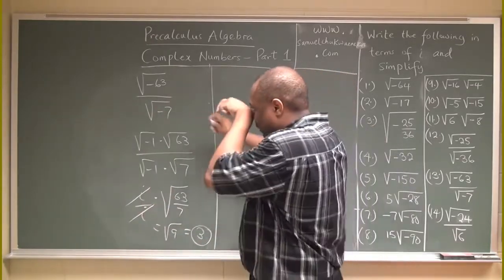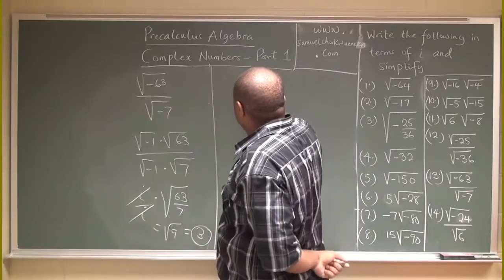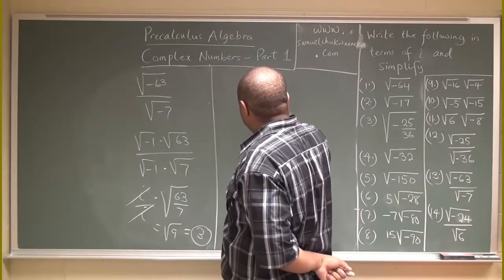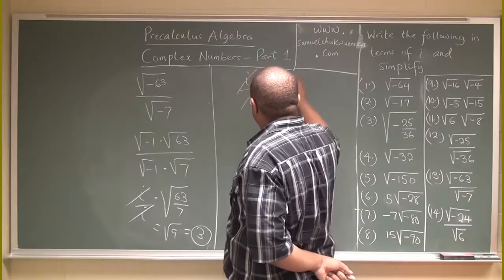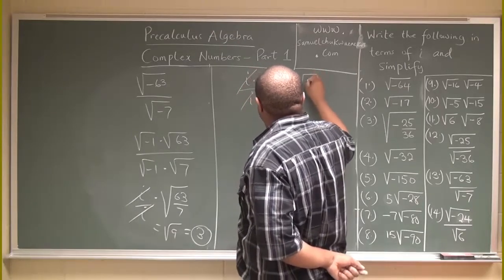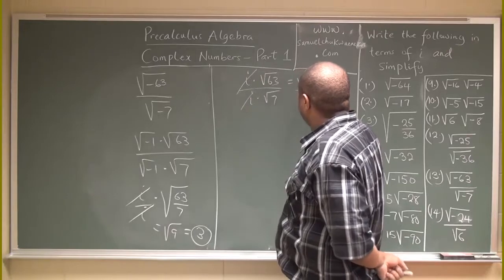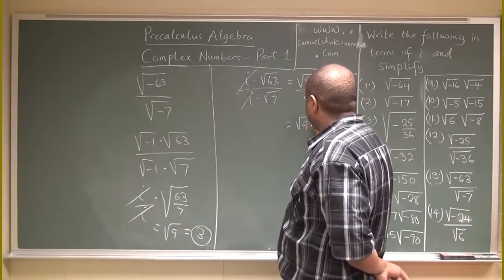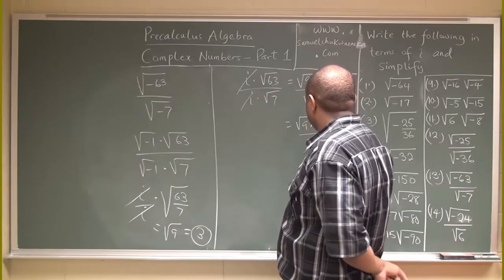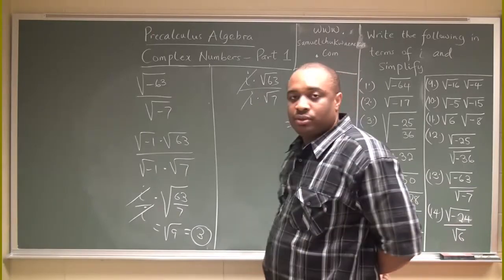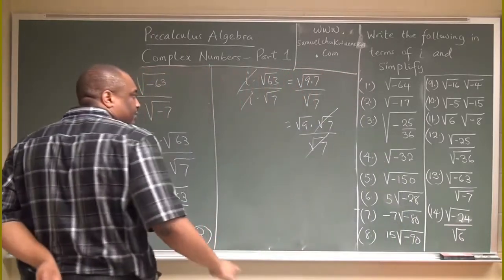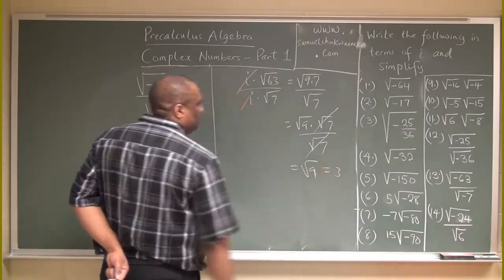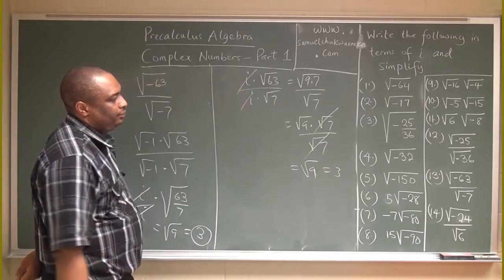You can do this from here, where you have I times square root of 63 over I times square root of 7. You can divide I, then you have square root of 9 times 7 over square root of 7, which is square root of 9 times square root of 7 over square root of 7. Square root of 7 can cancel square root of 7. I have square root of 9 which is 3. You can do it that way.